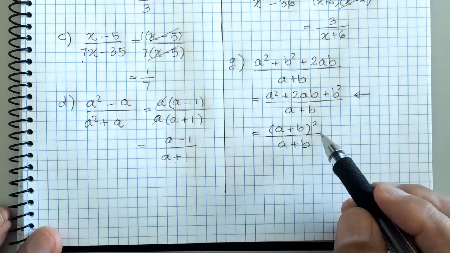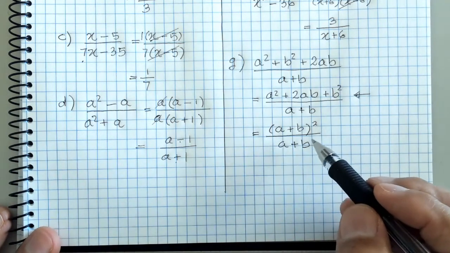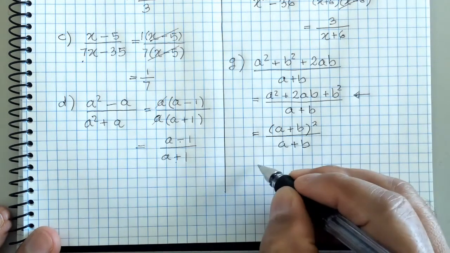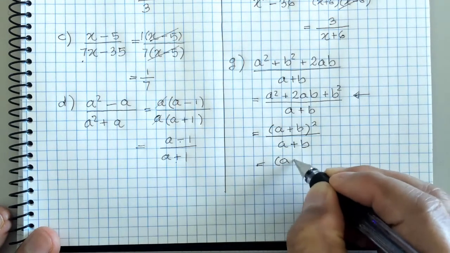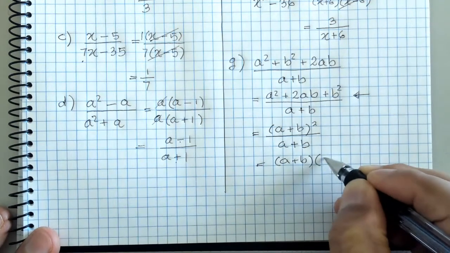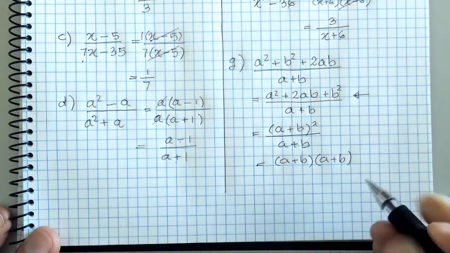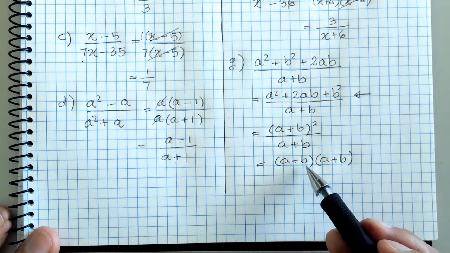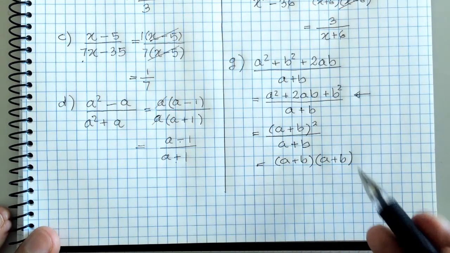Okay, and then simplifying this is quite simple because we know that (a plus b) squared simply means a plus b multiplied by itself. So (a plus b) squared is the same as a plus b multiplied by itself.